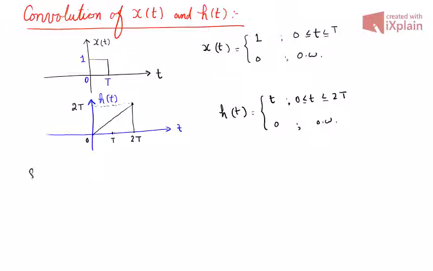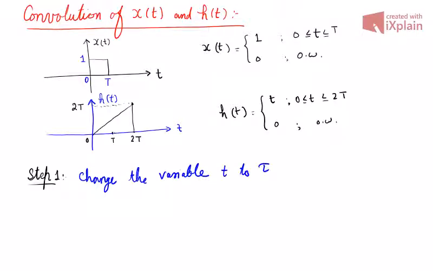So in step number 1, let's change the variable t to tau. We introduce another variable tau. Change the variable t to tau.